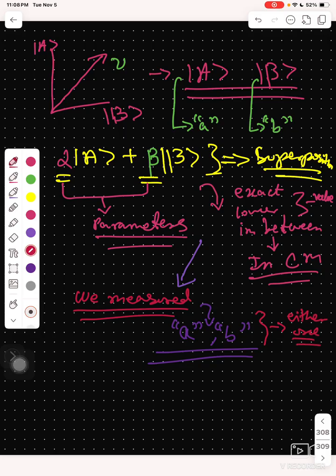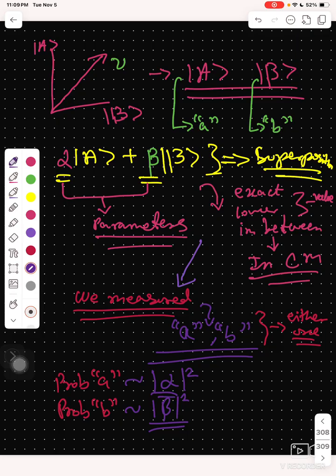We say that the probability of A is proportional to the norm of alpha, and the probability of B is proportional to the norm of beta.